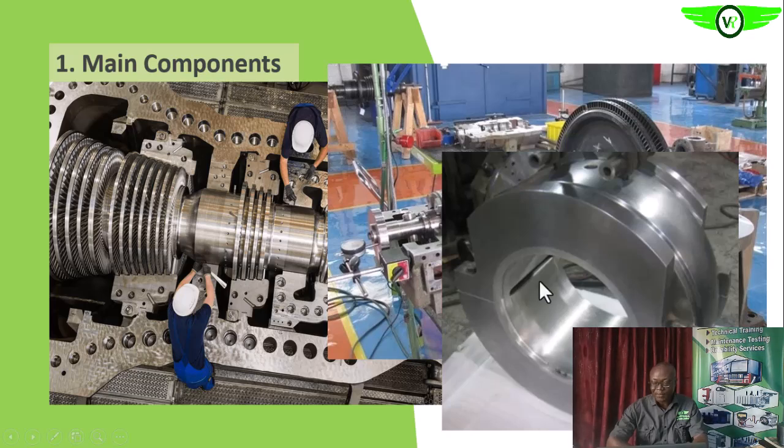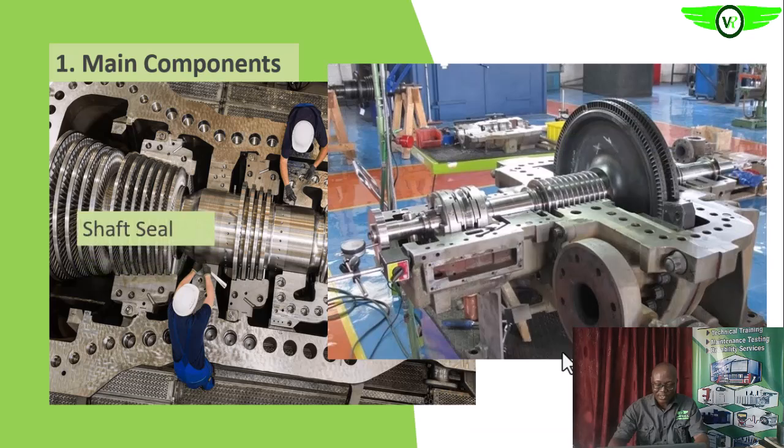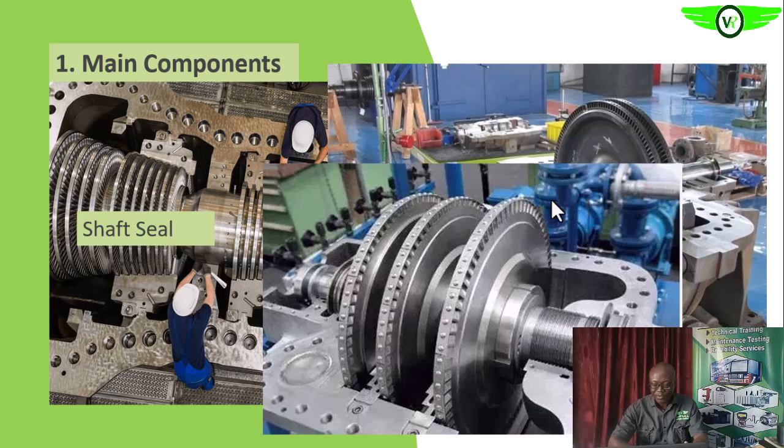We always have a thin film of oil around this journal bearing that separates the shaft from the bearing, to decrease the wear and tear of the bearing. We'll see that later. So the shaft seal, as we have seen before, its work is to prevent the escape of steam.